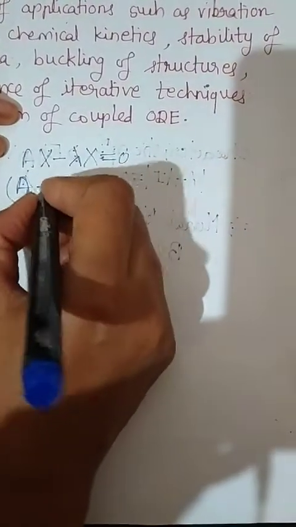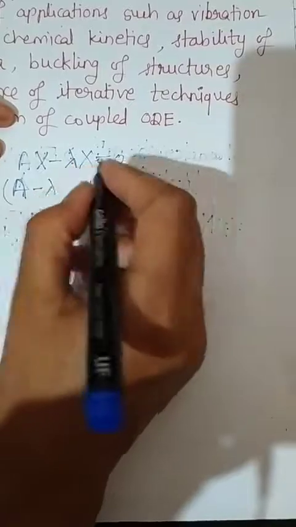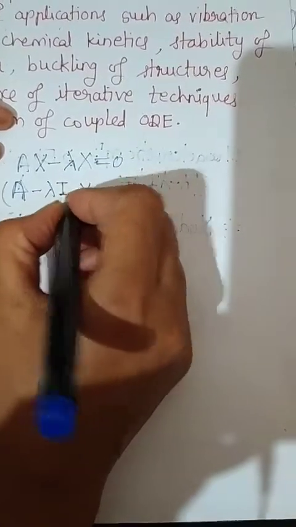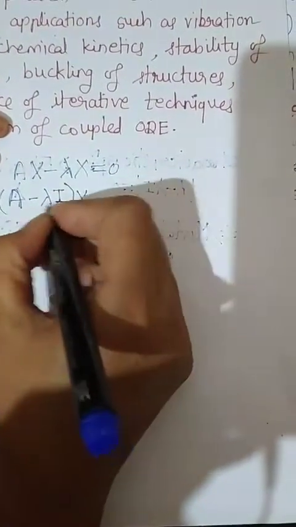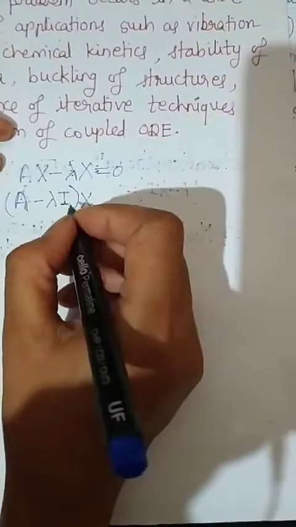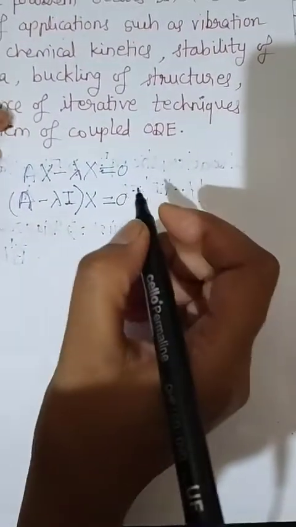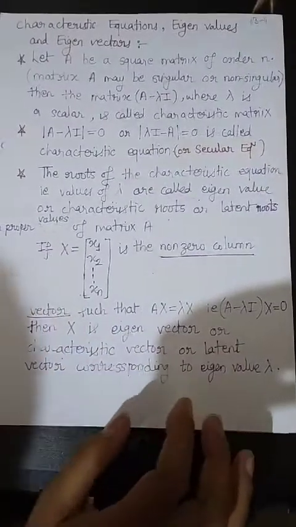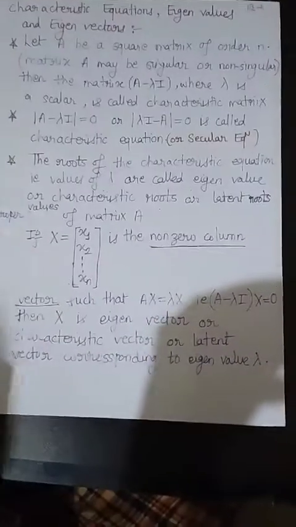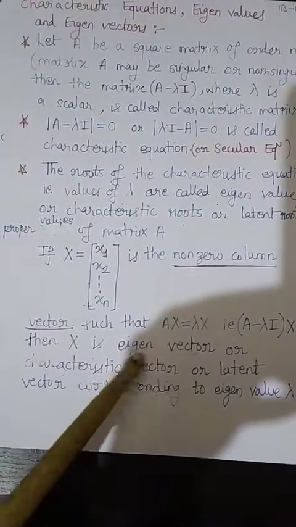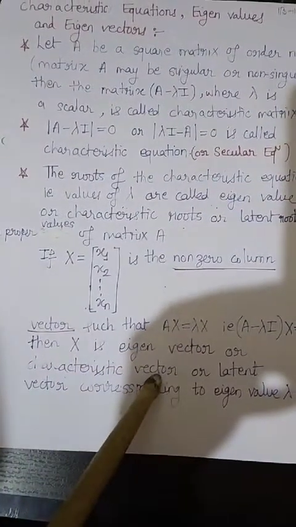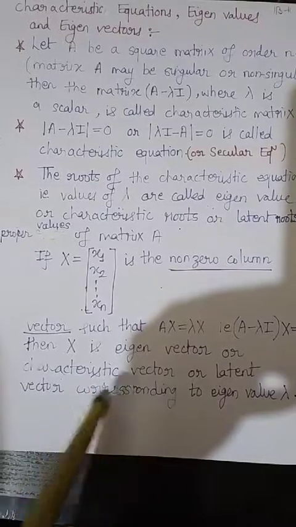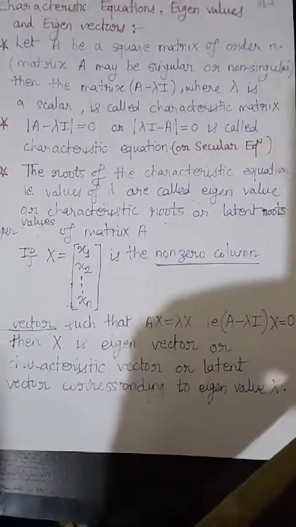A minus lambda only is left, but here we have to write it as lambda I because this should be a matrix. So it is (A minus lambda I) times x is equal to 0. So Ax is equal to lambda x can also be written as (A minus lambda I) times x is equal to 0. Here x is an eigenvector or a characteristic vector or a latent vector corresponding to eigenvalue lambda.